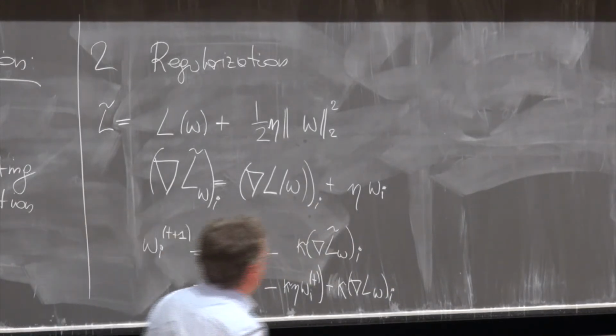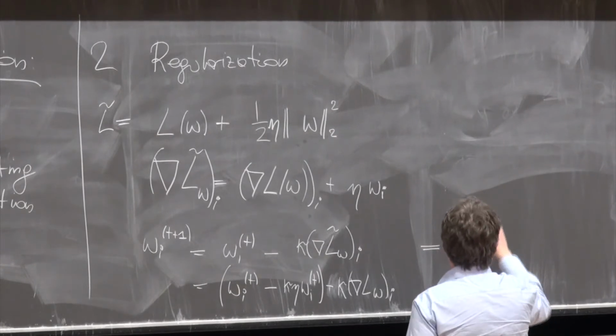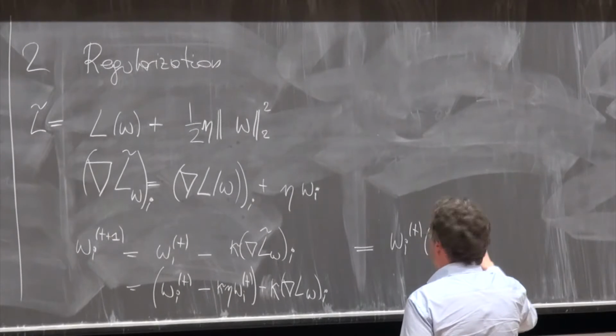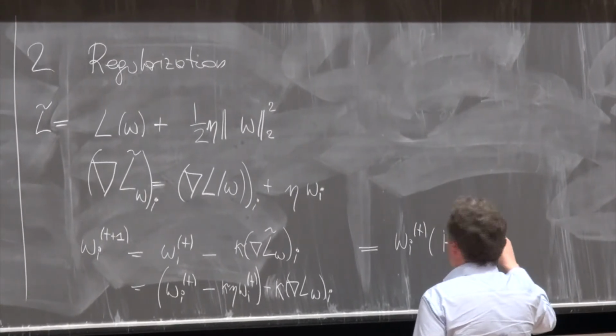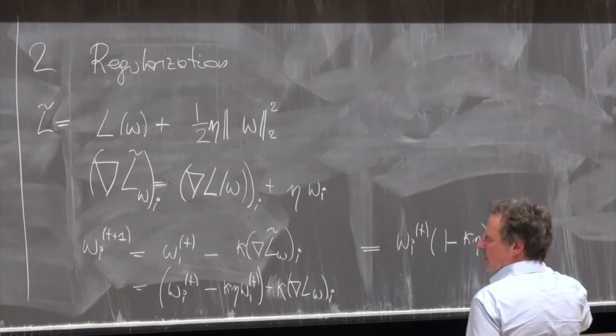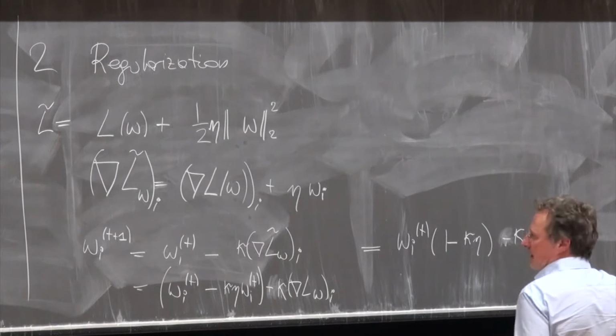So if I put these things together, the new weight is the old weight at time t times 1 minus kappa times eta, minus kappa times the original gradient that I had.